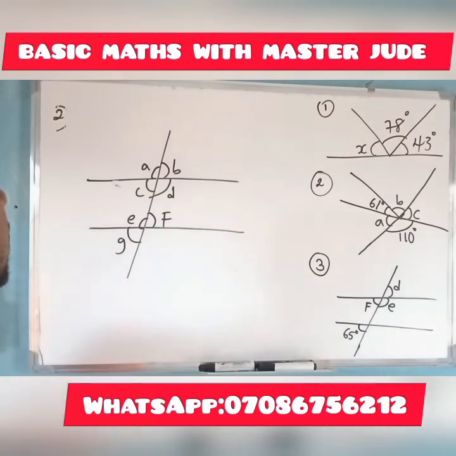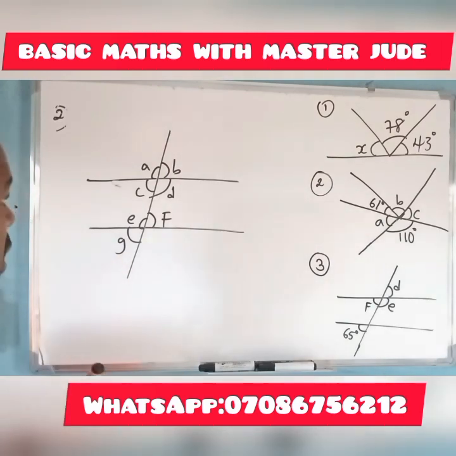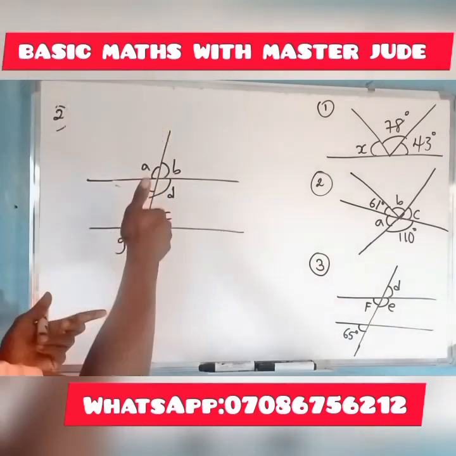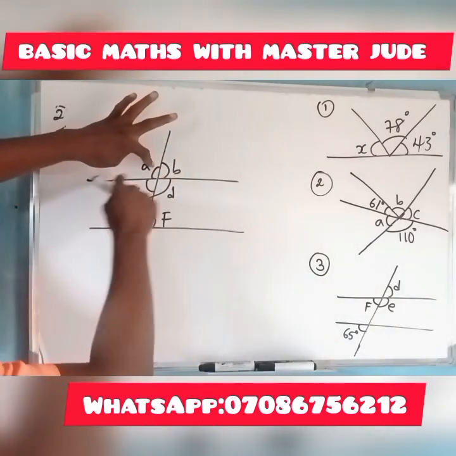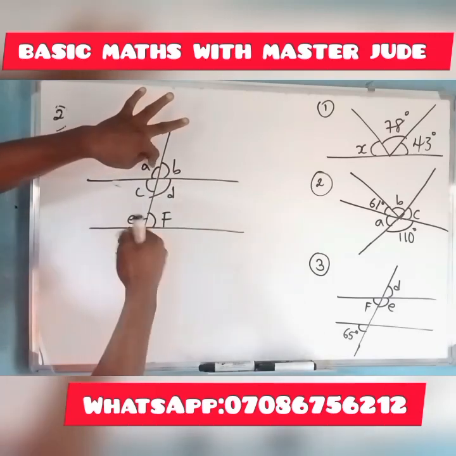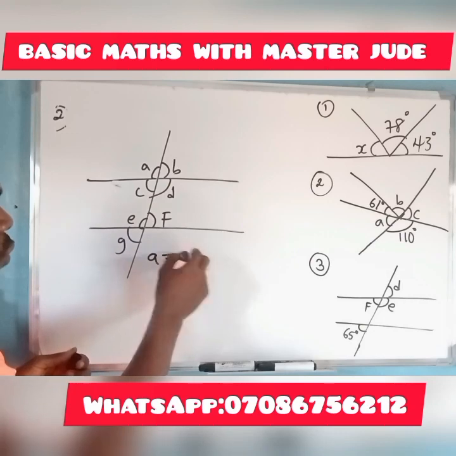The first one is that corresponding angles are equal. The corresponding angle is one angle outside and another angle inside. For example, A is an angle outside the parallel line and E is an angle inside the parallel line. Meaning that A is equal to E.